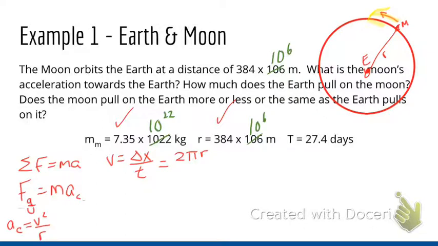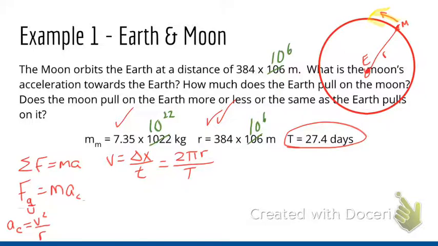So it's 2 pi r. And again, we have r, so we're good. The other thing is, well, okay, how long does it take to do that? How long it takes is the period. The period is the amount of time it takes to complete one rotation. So it's 27.4 days.